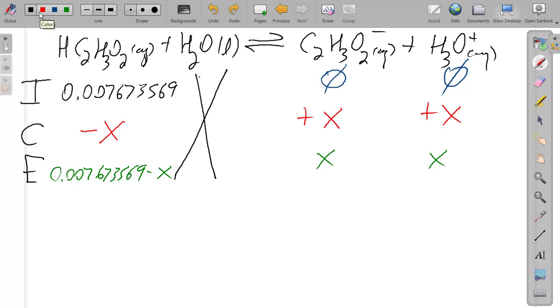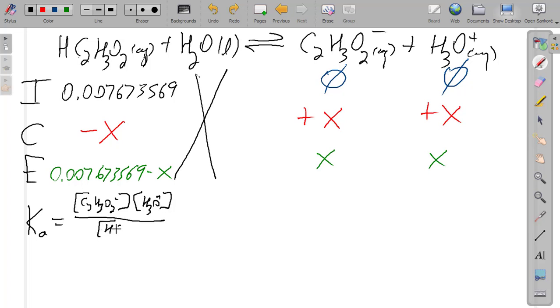Now, we can write a K expression. And again, you see we generated hydronium, so you know this is going to be a Ka expression, and that's going to equal C2H3O2 minus times H3O plus all over HC2H3O2. All right, and that was equal to 1.8 times 10 to the minus fifth, because I gave you the Ka in the problem.